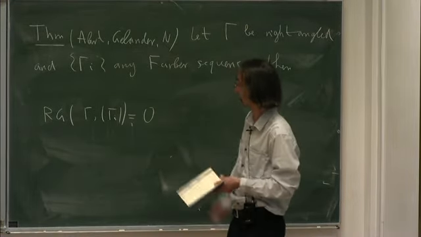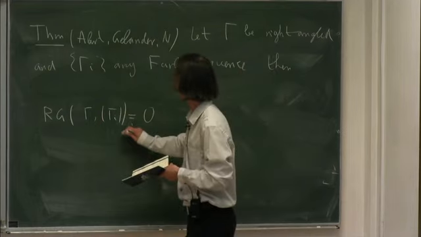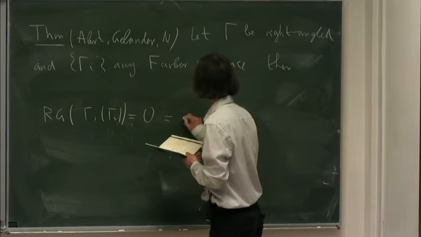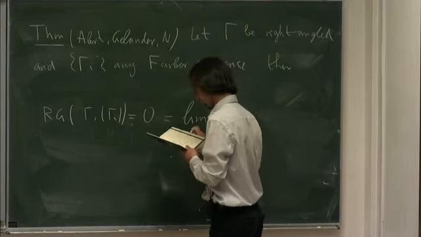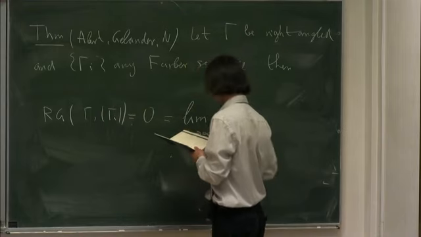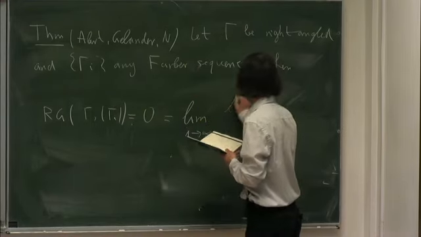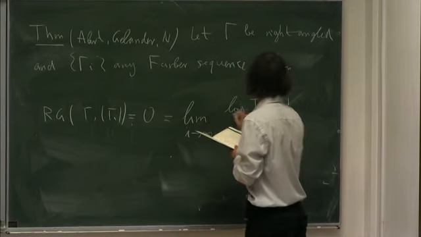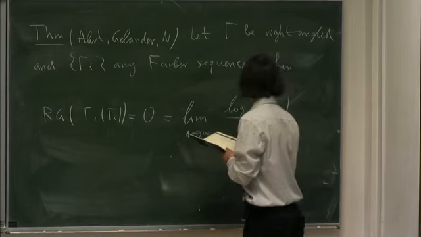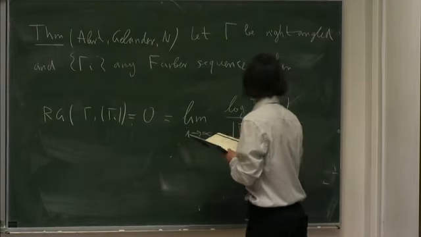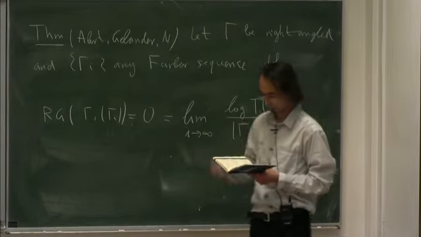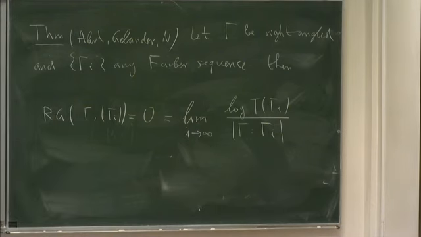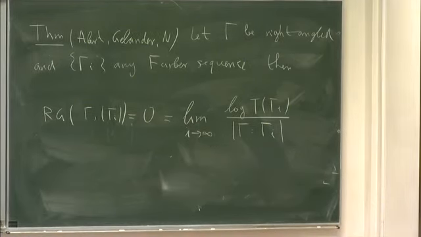So here the growth is sublinear in the index of the subgroups, but even more interestingly, you get that the torsion is sub-exponential. The ratio of the log of the torsion in the abelianization divided by the index also tends to 0.